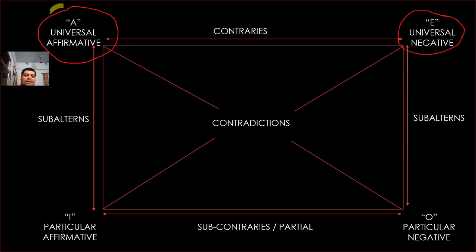If one sentence is universal affirmative, the same sentence cannot be universal negative. They are contraries, opposite to each other.